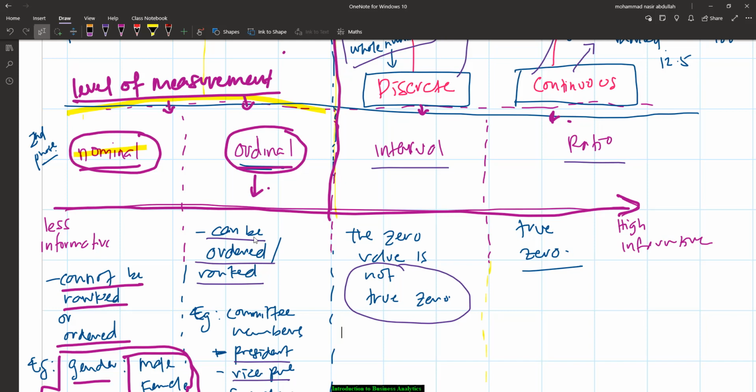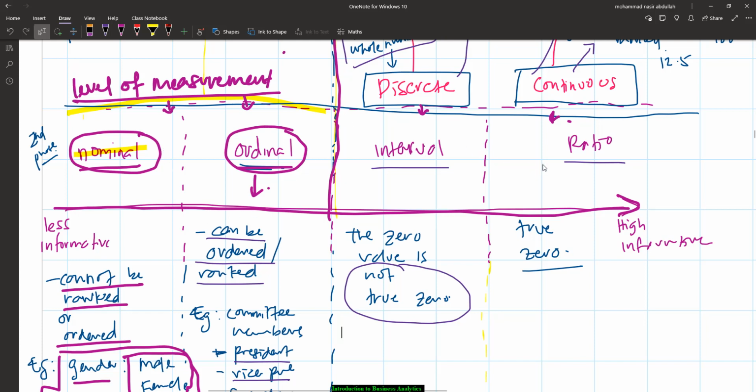So when the zero value is not a true zero, it lies under interval scale. Right? In interval we cannot subtract. Let's say we say 10 Celsius and 20 Celsius. We cannot say 20 Celsius is ten times hotter than 10 Celsius. Cannot say that, right? Because it cannot be subtracted. Cannot use the usual subtraction.